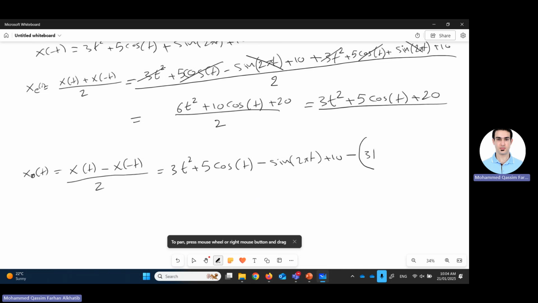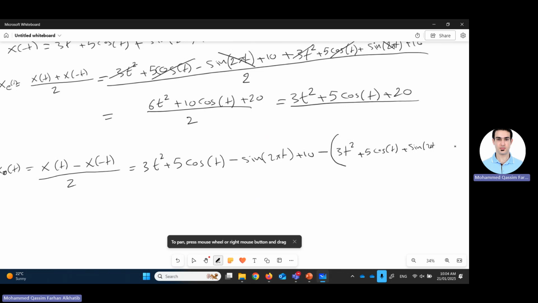I will have 3t squared plus 5 cosine t plus sine 2 pi t plus 10. And all of this divided over 2. Now distribute the negative sign.